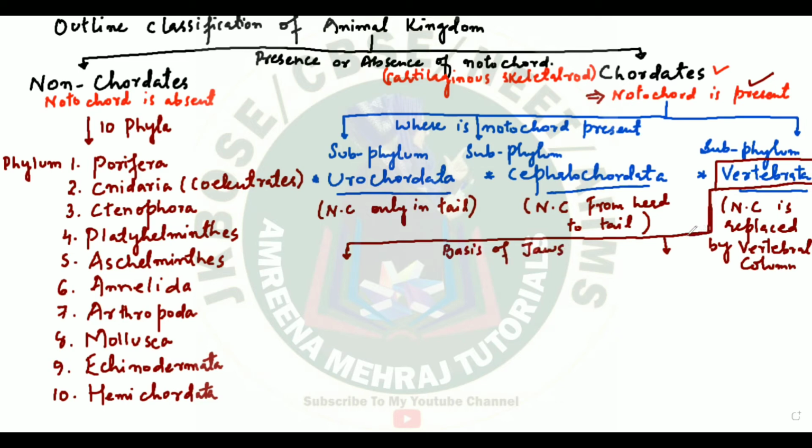Vertebrates are further divided on the basis of jaws into two categories. Let me take the green pen. One category is called agnathostomes, and another category is called gnathostomes.